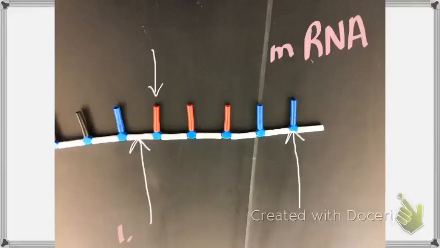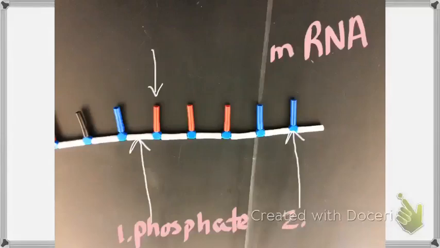What's this one right here? The white tube. That's the phosphate. Wait, no. The white is phosphate. Okay, let's do this blue pentagon next.